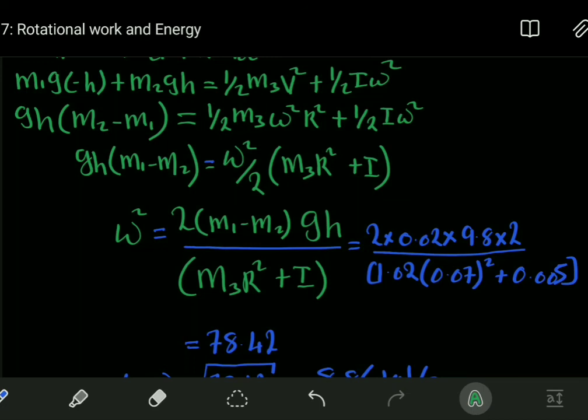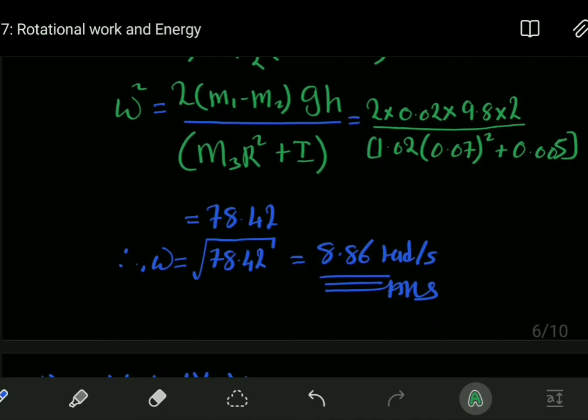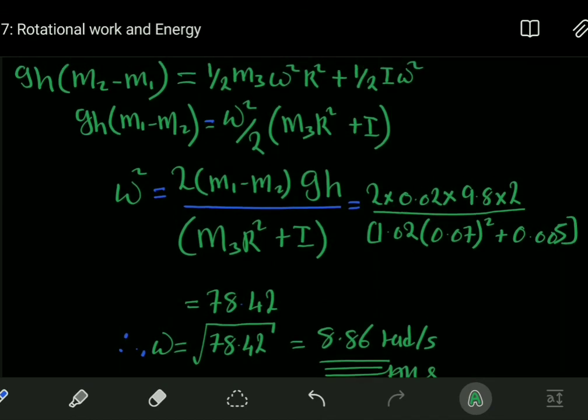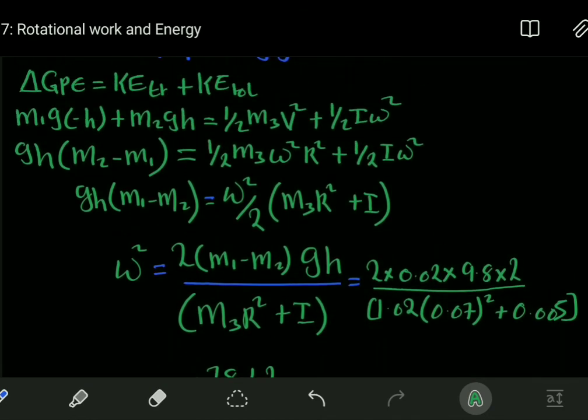So we simply substitute these values, and we get omega squared as 78.42. The square root of that gives us omega equals 8.86 radians per second. So we have found our omega here. It's just mathematics on this part. You don't get anything confused.